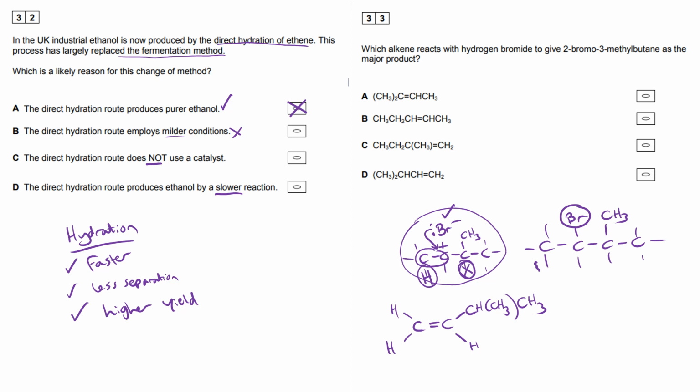So just going through each of those answers, it looks like it's going to be compound D. So working backwards, you've got CH2, then you've got a double bond CH, then you've got another CH with two methyl groups attached. So compound D is the correct alkene that would form 2-bromo-3-methylbutane as the major product.